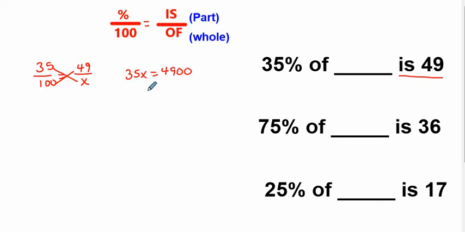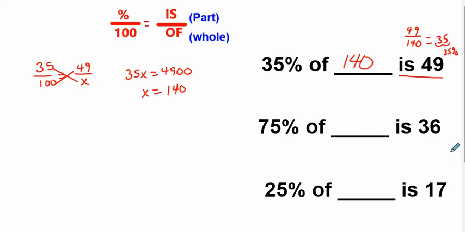So x would equal, I'm grabbing my calculator, 4,900 divided by 35 equals 140. So again, that means if I had 49 out of 140, if you were to put that in your calculator right now, that would come out to be 0.35, which when I move my decimal 2 places is 35%.